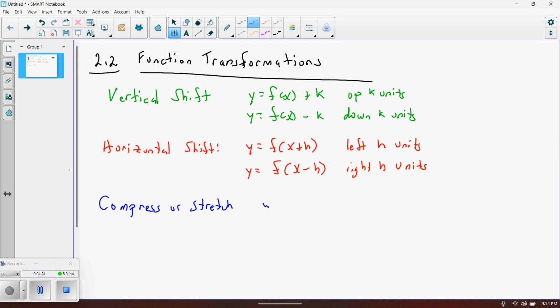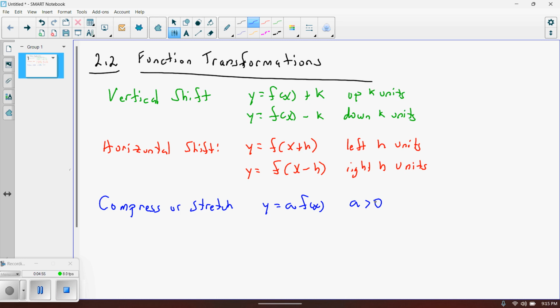So, for example, if I want to compress or stretch something vertically, I'm going to multiply my y value, f of x, by some number. And we'll put an a out front and say that that's the number.